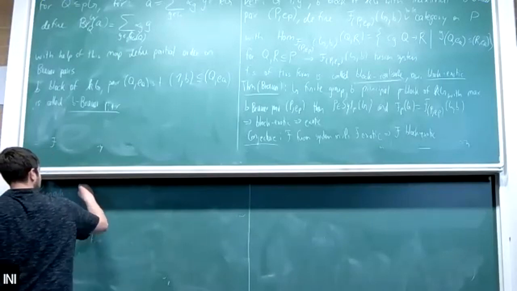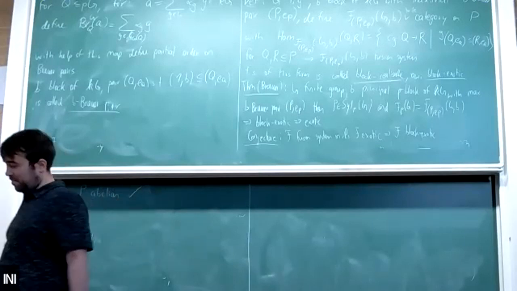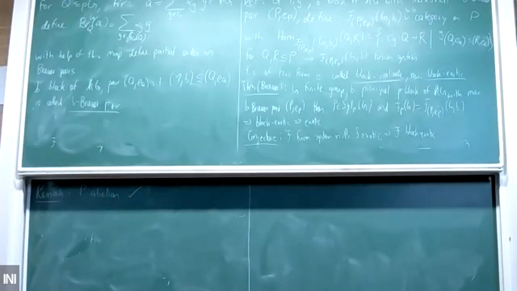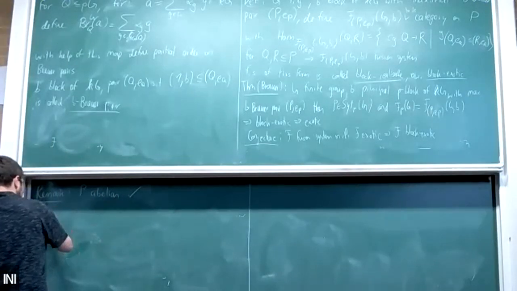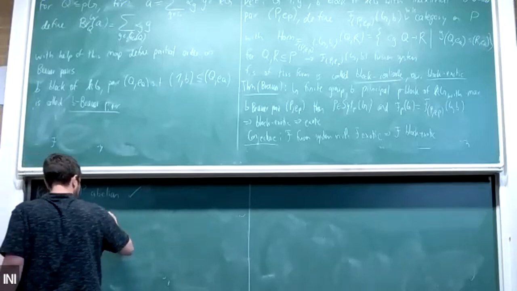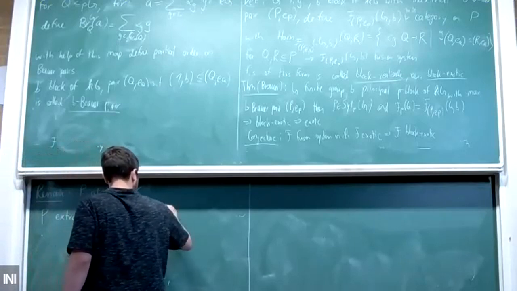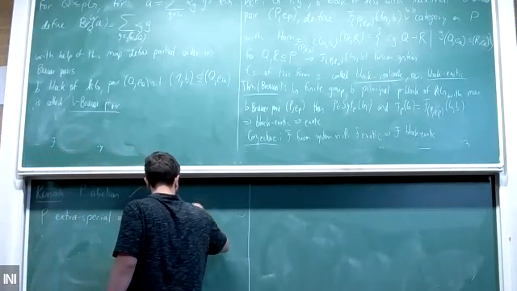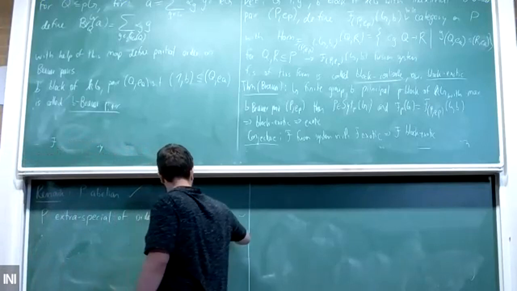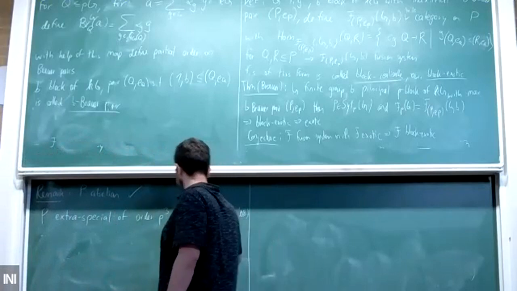So if P is abelian, the conjecture is true, and the reason is there are just no exotic fusion systems on abelian groups. If P is extraspecial of order p cubed, it's also true, by a paper by Ruengrot together with Radu Stancu in 2008.